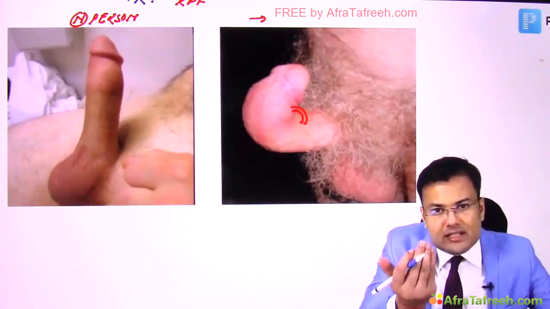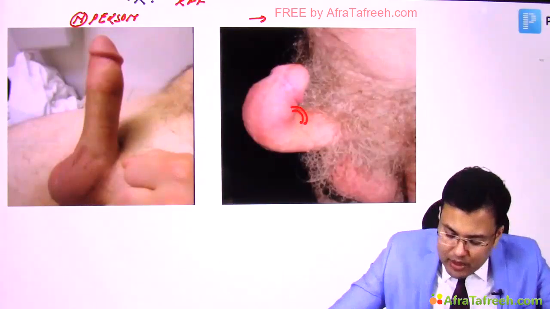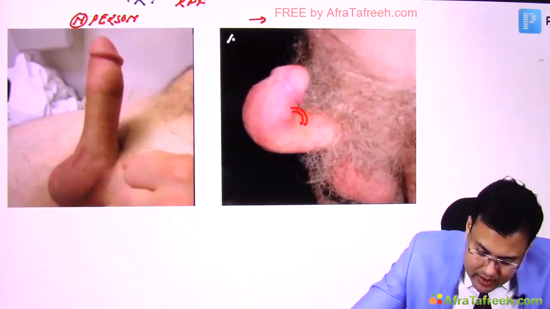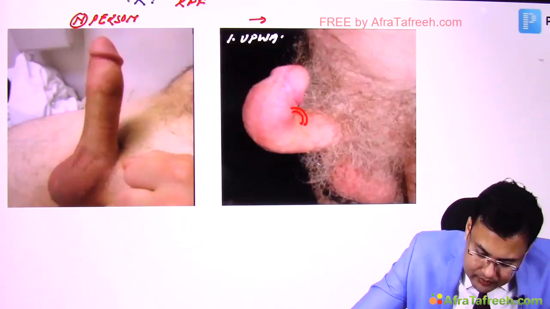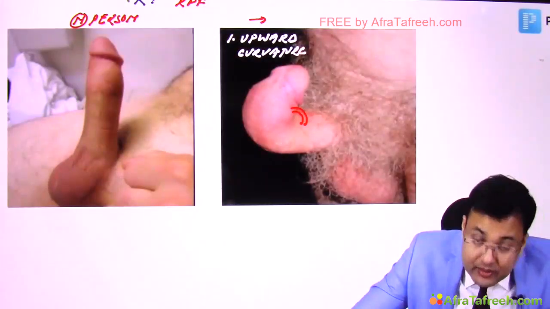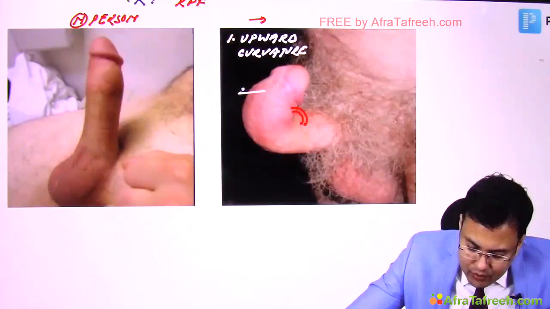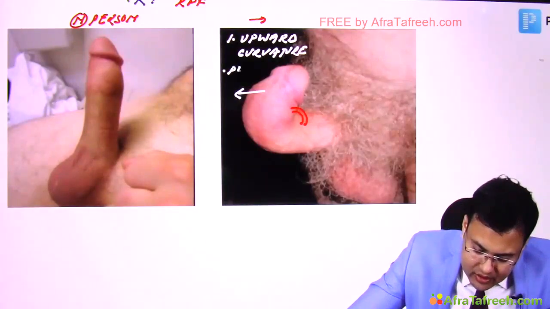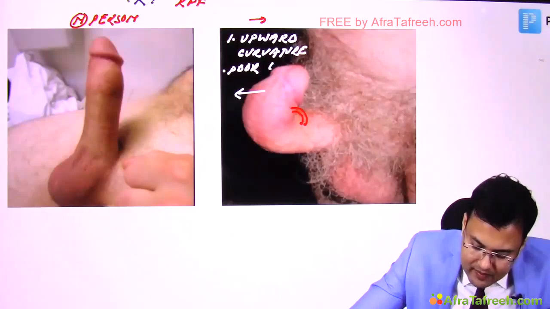So you can see that there is upward curvature. So what are the problems? See, there is upward curvature of penis on erection. Second, there is poor erection distal to fibrous plaque.